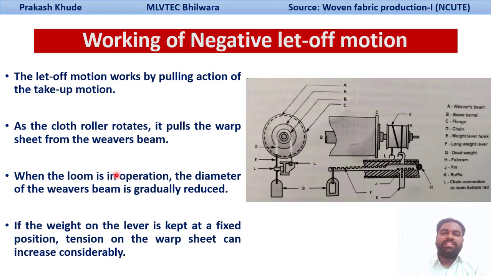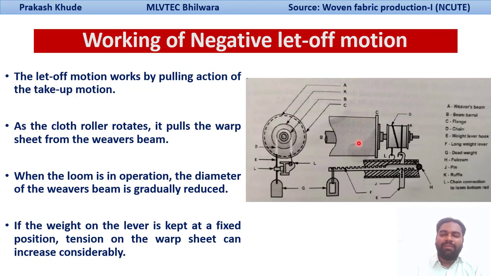When the loom is in operation, the diameter reduces gradually, and if the weight on this lever is kept fixed, the tension on the warp sheet increases considerably.